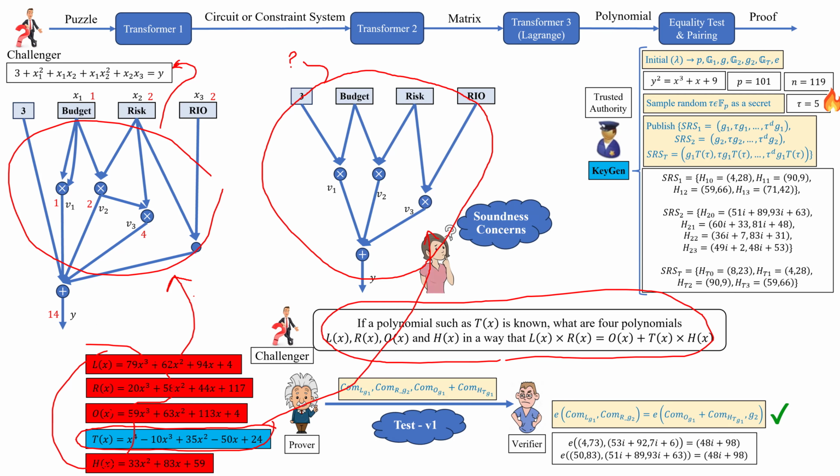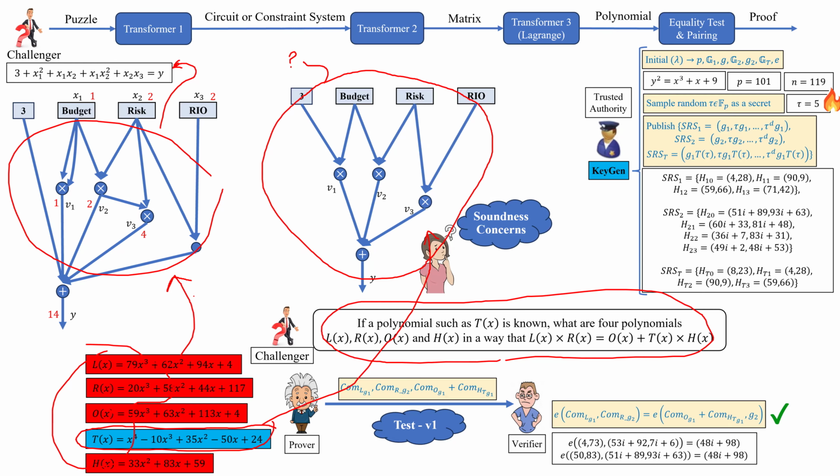How can we guarantee that the four polynomials are actually related to that specific circuit, following that specific architecture for that circuit? So let's discuss the puzzle in the previous lecture again.